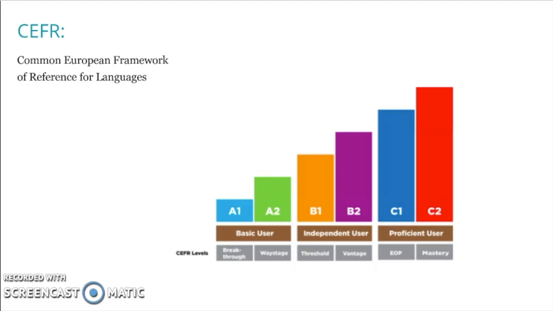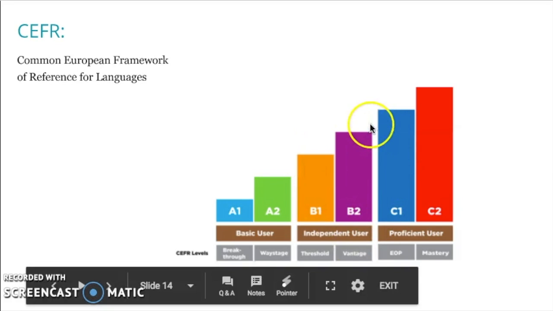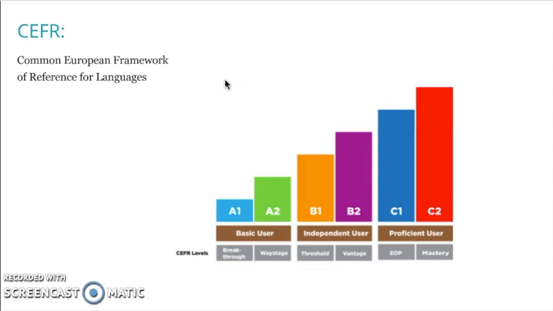B2, which is upper intermediate, we're talking about, can you understand the main ideas of complex text in both concrete and abstract topics. This is including technical discussions in their field of specialization, so that could be hobbies that they enjoy. Can they talk in depth about that in the target language? And can you interact with a degree of fluency and spontaneity that makes really regular interaction easy and not very stressful?